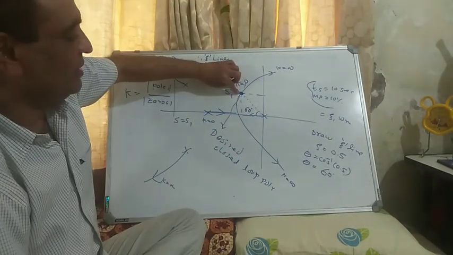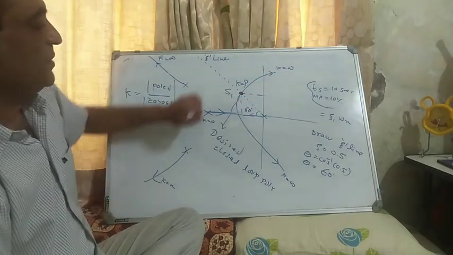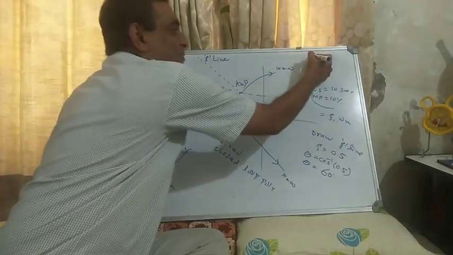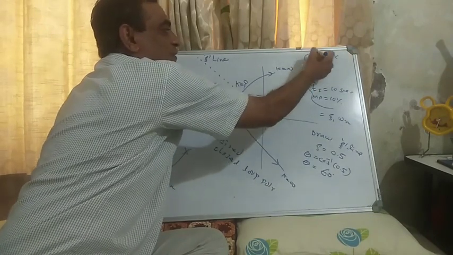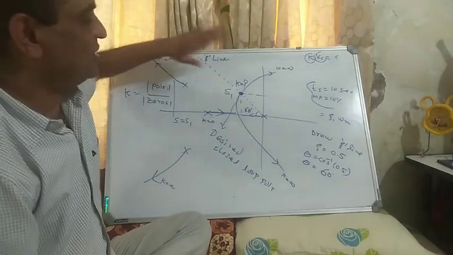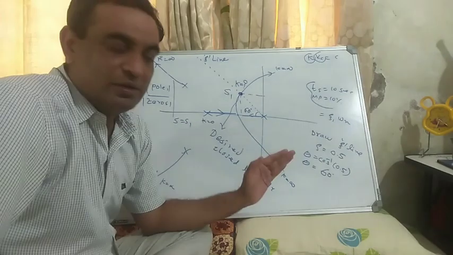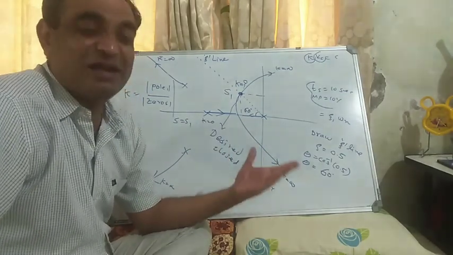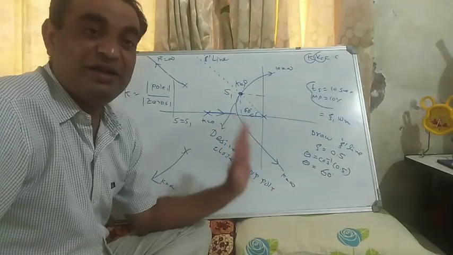This value of gain K will give you the closed loop pole at the desired location. In our earlier example, K into Kc would be equal to this. Once you know the value of K, you can find the value of controller gain Kc. This is how the design of a controller, a simple gain, using the root locus can be derived.